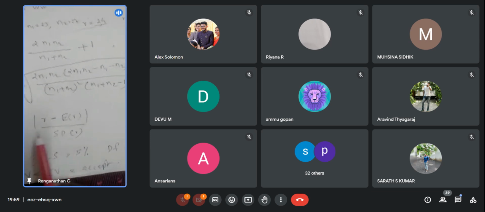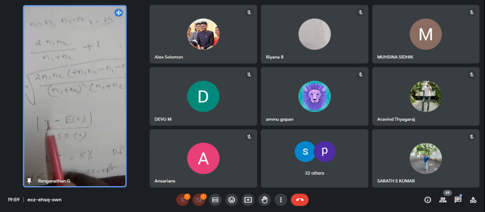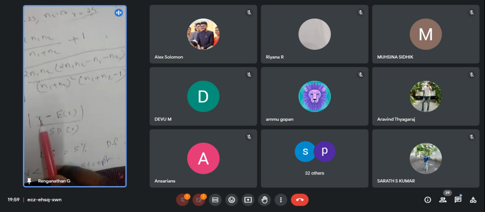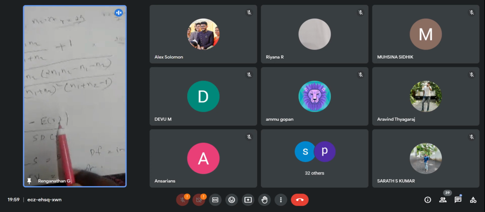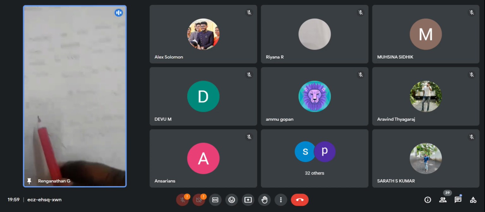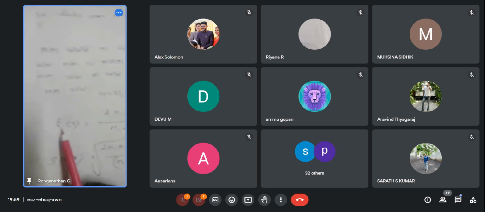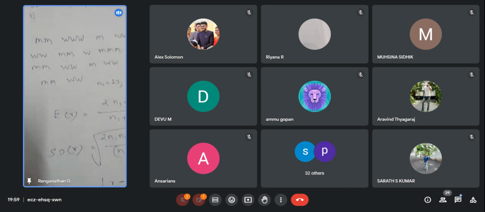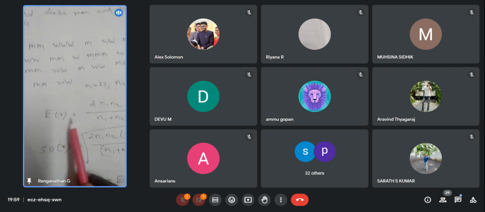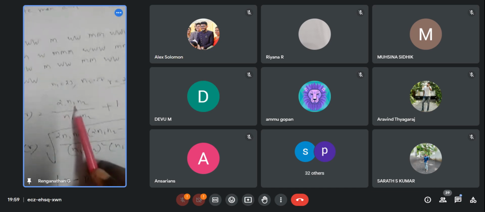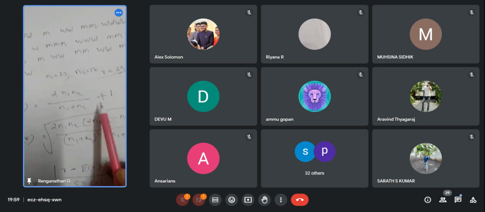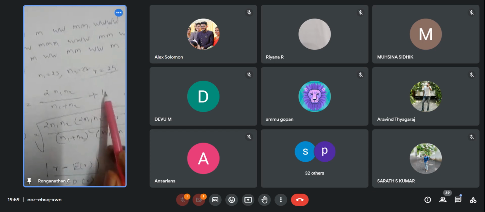So what are the requirements here? We should have R. The R value is found here. Then we have to find the ER. How to find this ER? In order to find it, we use another formula. Look here. If you listen properly, you can do this very easily. ER is equal to E within bracket R. ER is equal to 2 N1 N2 divided by N1 plus N2, plus 1.